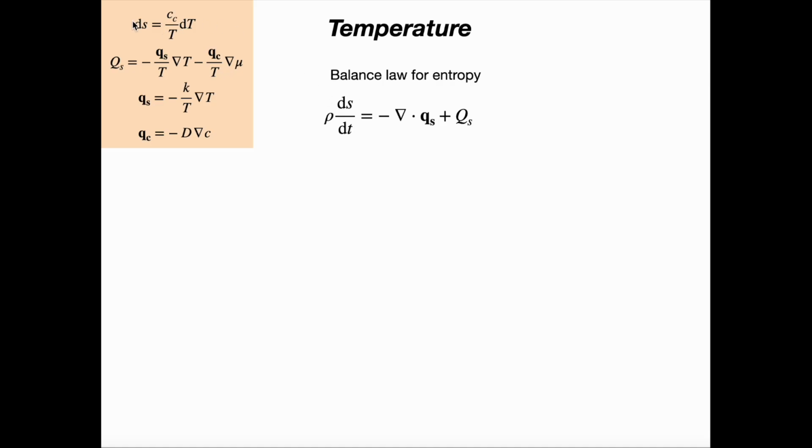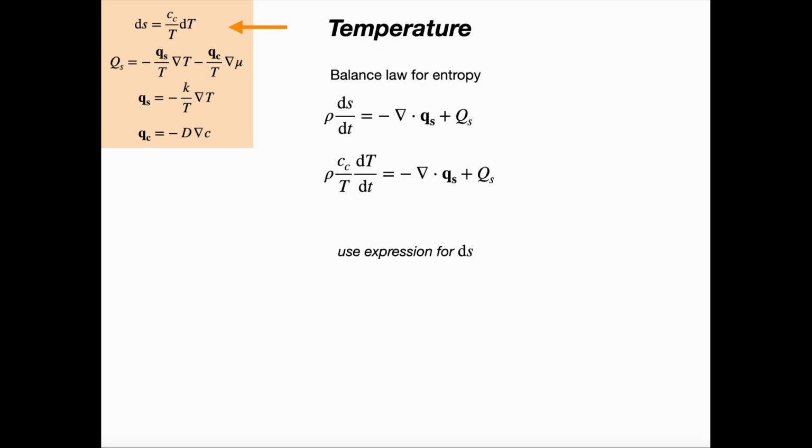So what we know so far, remember, we've derived dS as Cc divided by T times dT. So we have the relationship between the rate of entropy and the rate of temperature. This is key here. What is also essential is the expression of Qs, which has a contribution from entropy flux and chemical flux. We have the expressions for Qs and the expressions for Qc. All of this will be used in the derivation.